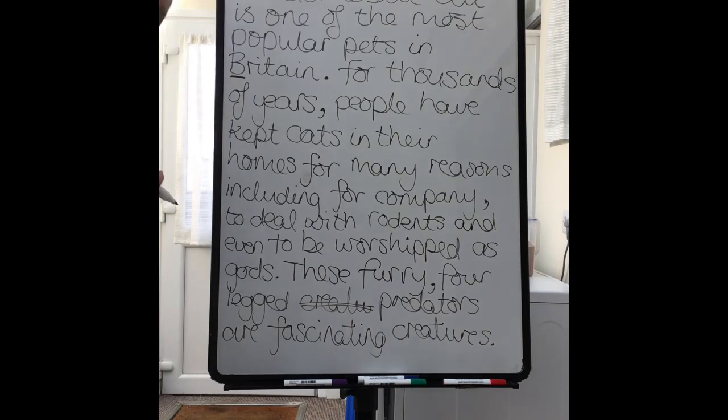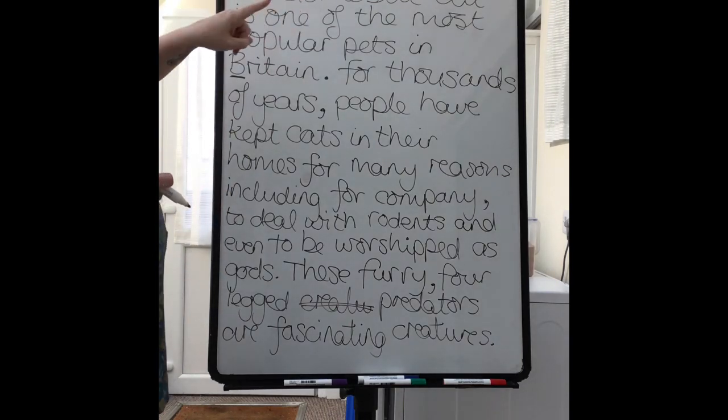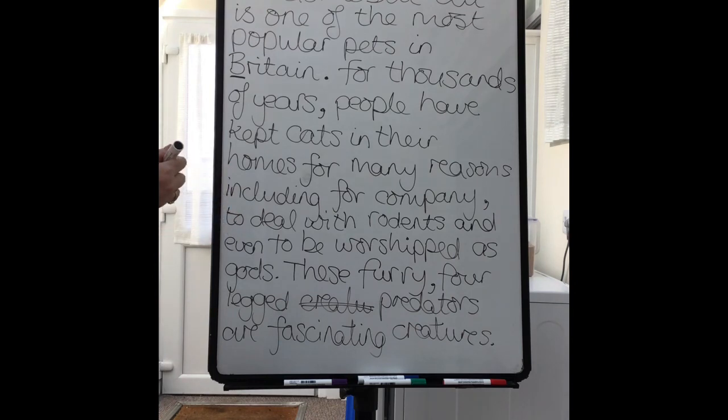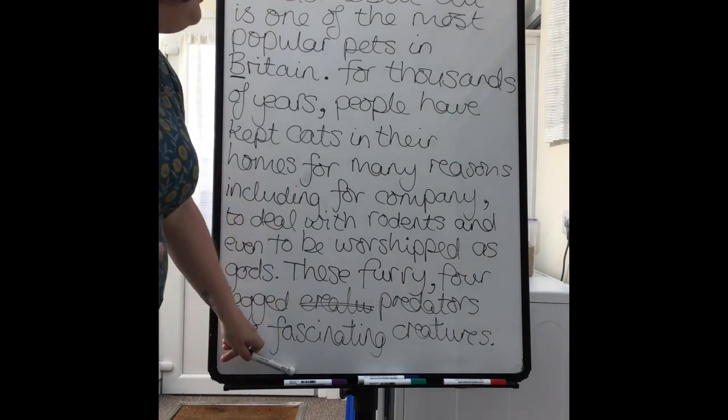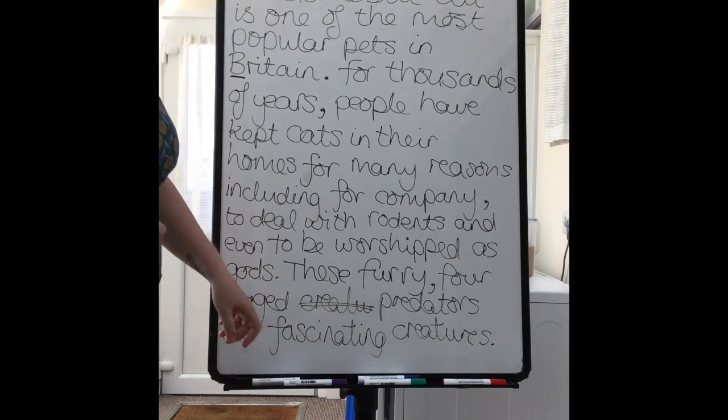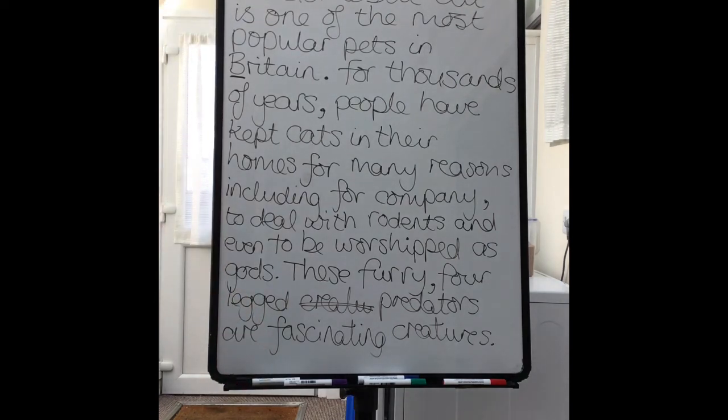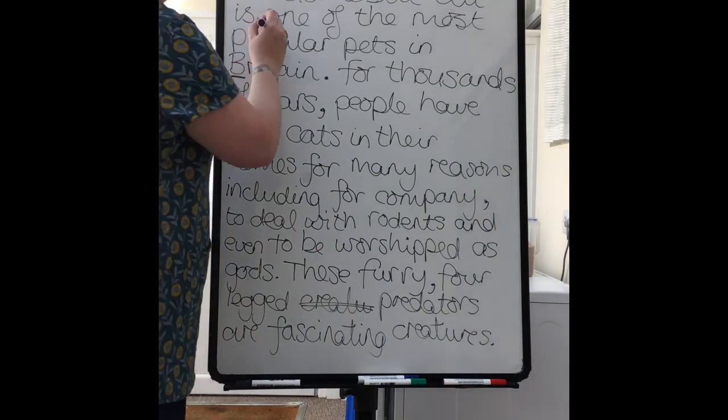So let's read through the whole paragraph, make sure we're happy with it. The domestic cat is one of the most popular pets in Britain. For thousands of years, people have kept cats in their homes for many reasons, including for company, to deal with rodents, and even to be worshipped as gods. These furry, four-legged predators are fascinating creatures. So I have my general statement.